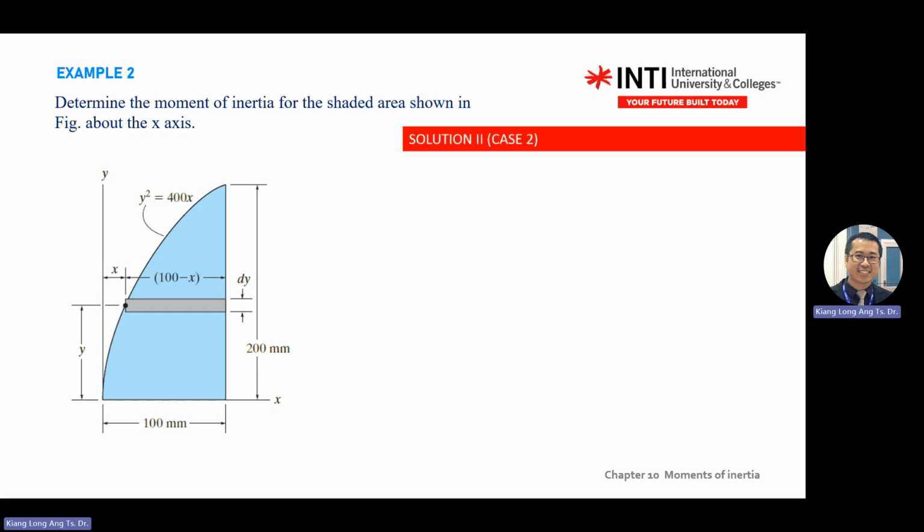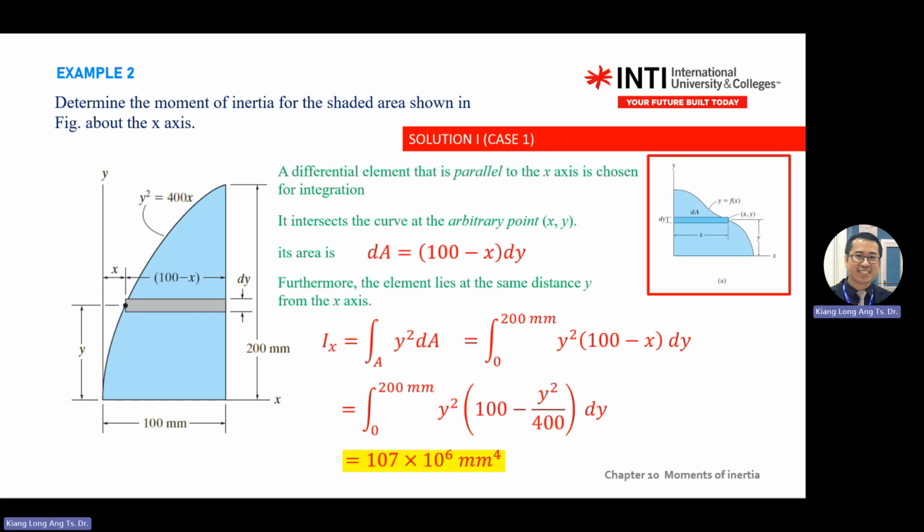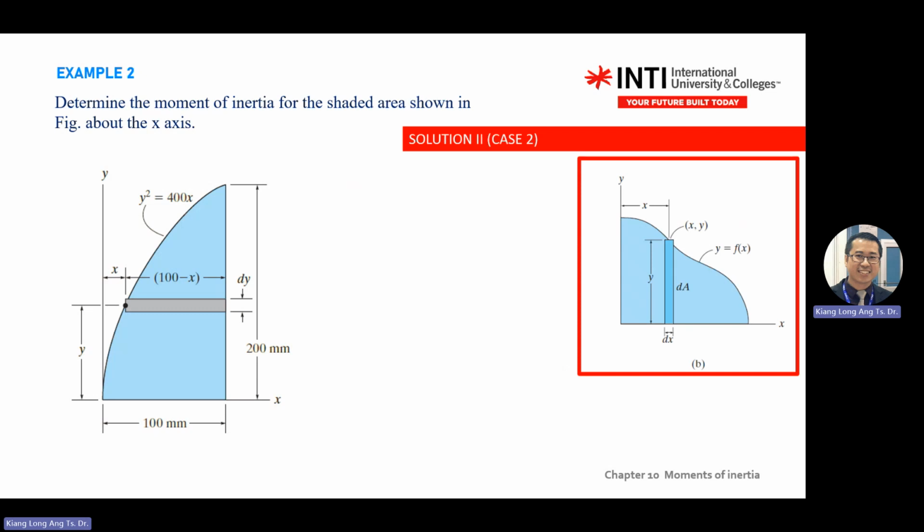Okay, so case number 2. If the question forces you to use case 2 or solution number 2, you look at the question as this case. So you transform the question into this case. You flip the triangular shape in this case. Of course, the question won't do something like this.